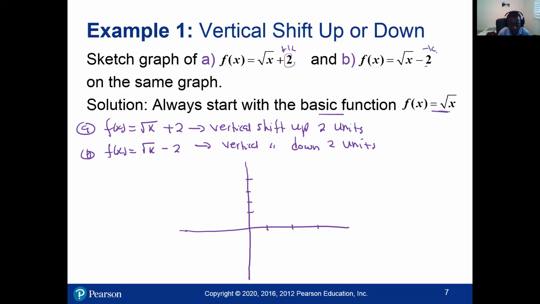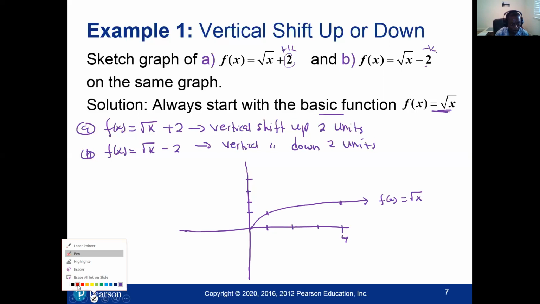Now, the basic one is the square root of x. We have this graph at the origin, and when x is 4, y is 2. So the graph of the basic one is this, f of x equal to the square root of x.